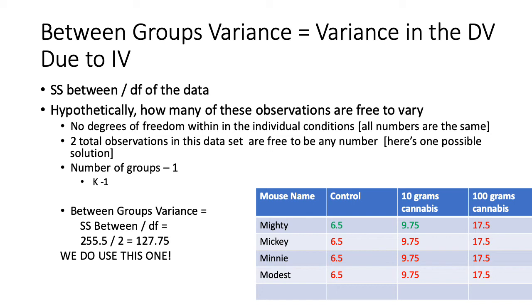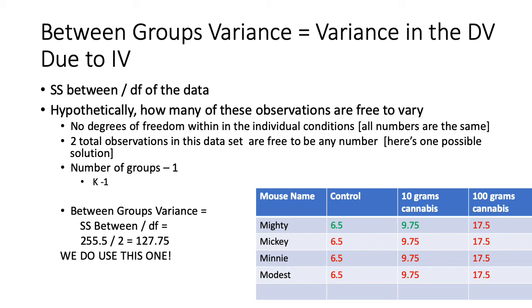That means the other 3 after it had to be 6.5. The second one could have been anything. It was 9.75. Hypothetically, it could have been anything, but that means all these other 3 numbers were stuck to 9.75. Furthermore, our last one, well, it's fixed. These numbers have to average to 11.25, like we saw earlier. So this 100-gram cannabis one is fixed. It's not free to vary.